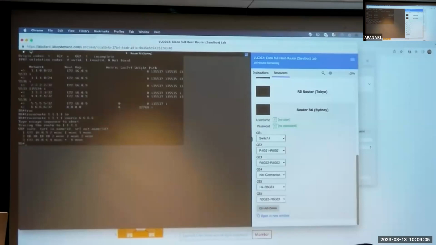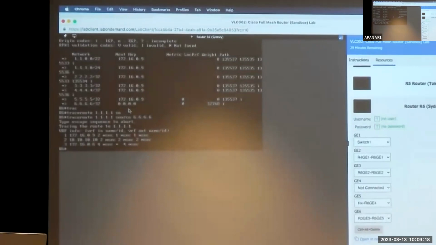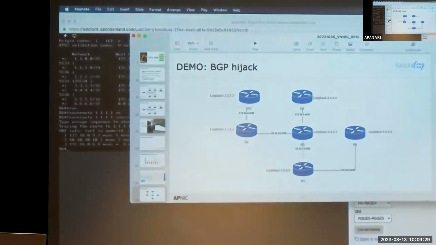If you see in this diagram here, the IP address was 10.10.10 in the earlier case, but now since I am announcing a more specific prefix over here, it's always going to prefer this path, right? So basically we are doing a hijack from R4 and we are hijacking R1's route, right? So in the diagram, you can see the path it is following now is from R5, R3 and R4, right? So instead of going here, it's going here because we are announcing a more specific prefix from this router.